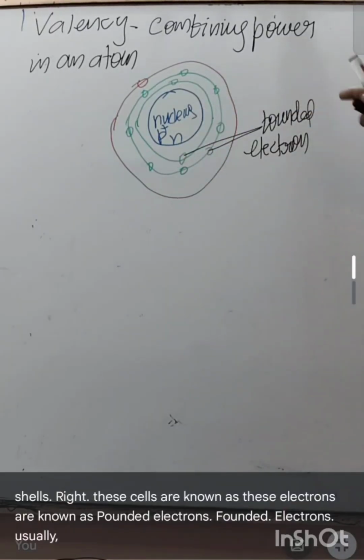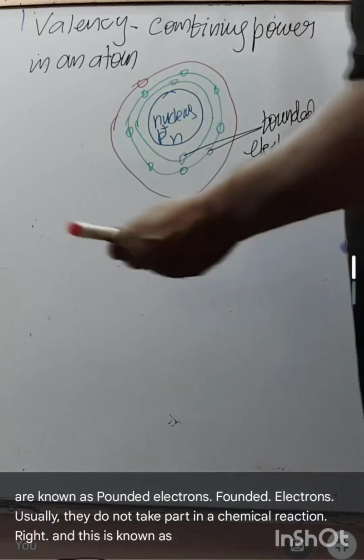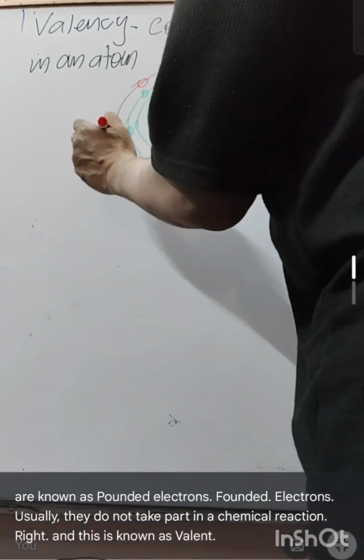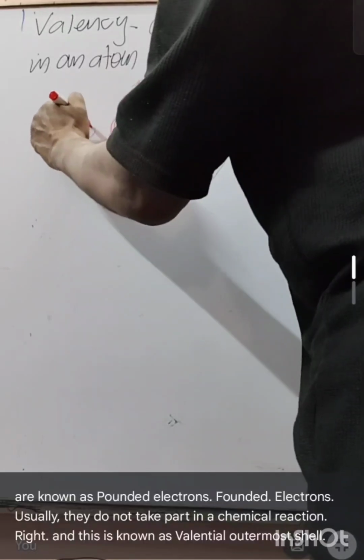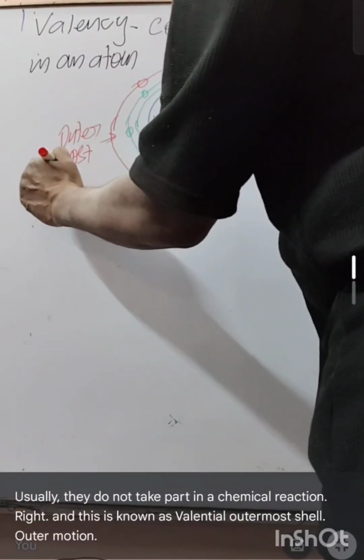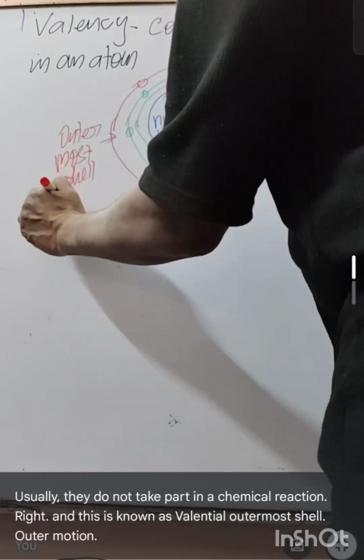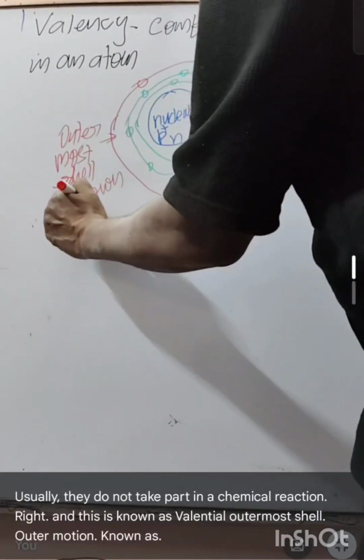Usually they do not take part in a chemical reaction, right? And this is known as the valence shell, the outermost shell.